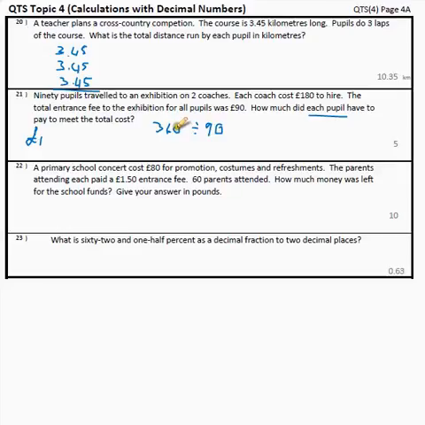We can also divide both these numbers by the same number and it will cancel out. So cancel those zeros, it becomes 36 divided by 9, which is 4. In other words, each pupil paid £4. And 1 plus 4 gave you the 5. Okay? In the next one you're going to times by 1.5, the £1.50, yeah?